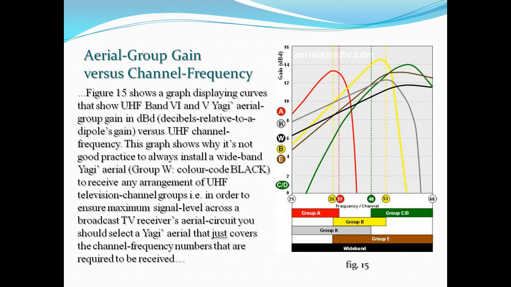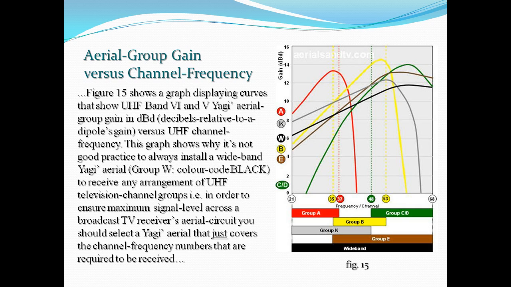So according to this graph, group A, B and CD aerials offer the highest gain but the narrowest bandwidth available, whilst group K, E and W aerials offer a wider bandwidth and a greater number of channel numbers therefore that can be received, but at the disadvantage of outputting a lower signal level across the aerial circuit of your television set concerned.